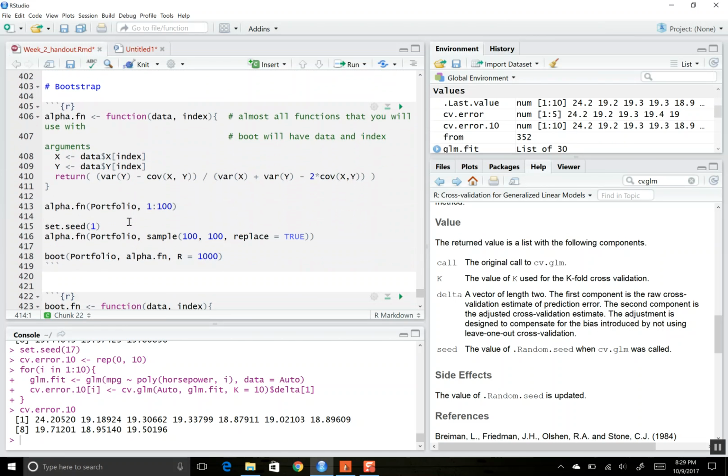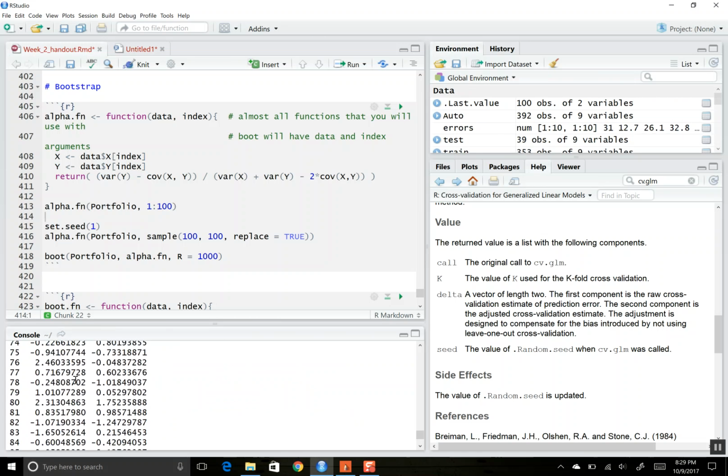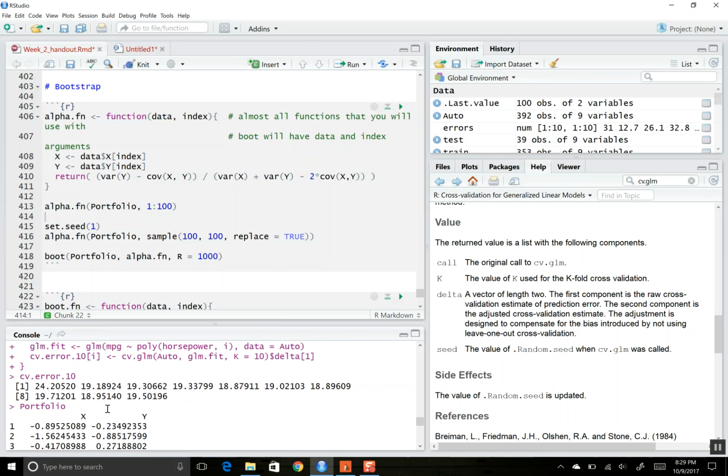So we're looking at, we're going to start off with some data. The data we're looking at is called portfolio. Okay, and in portfolio we've got a bunch of X and Y values, right?